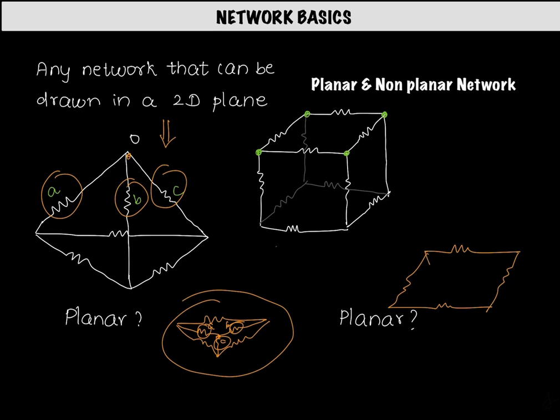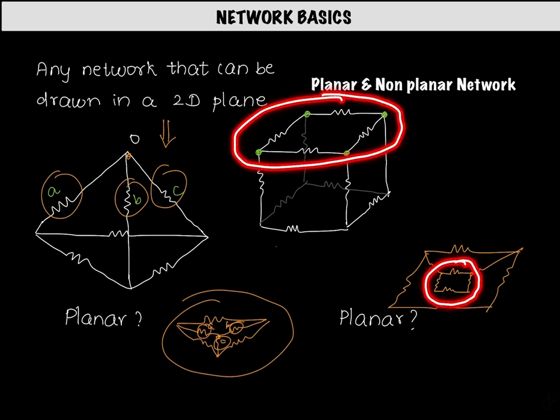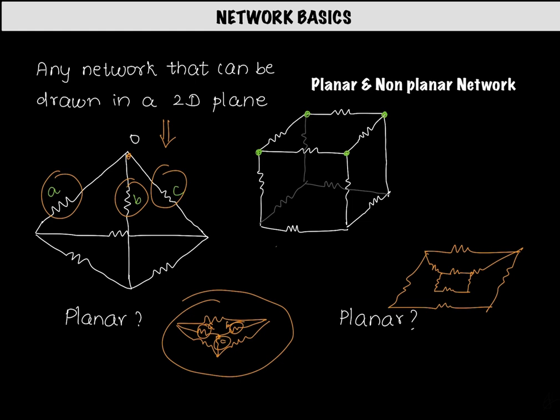And I can have something like this. Basically the internal loop that I'm having here is this whole network. Okay, so from the top view, I could redraw it in this fashion. You could take some time and understand how this could be redrawn into this. So essentially this is also a planar network.